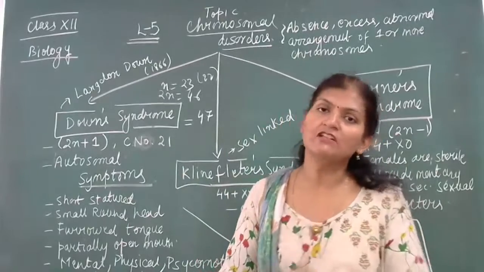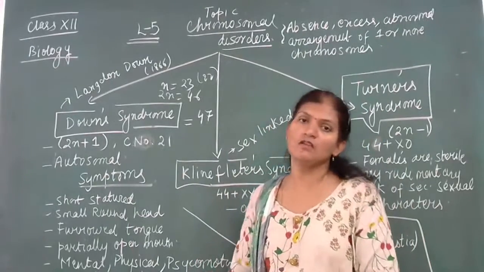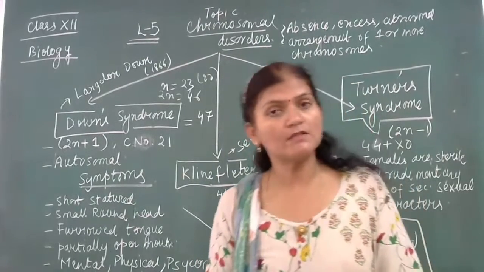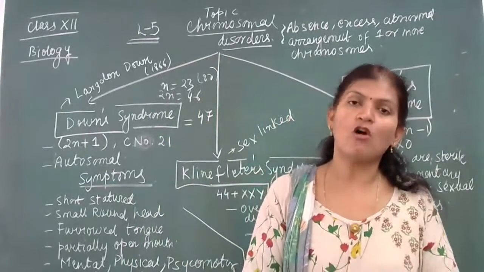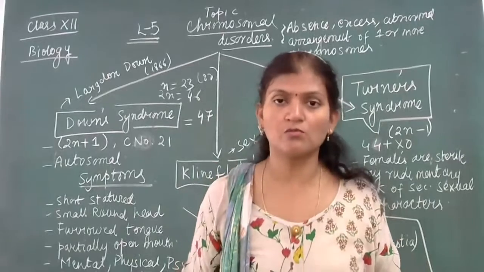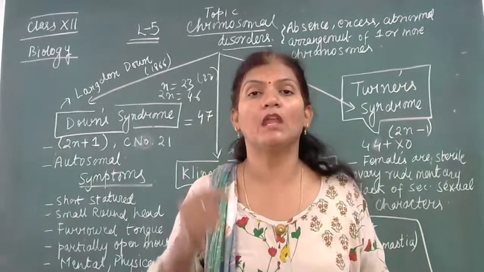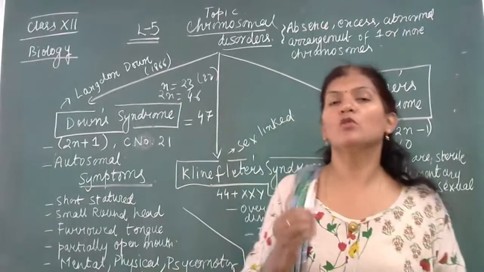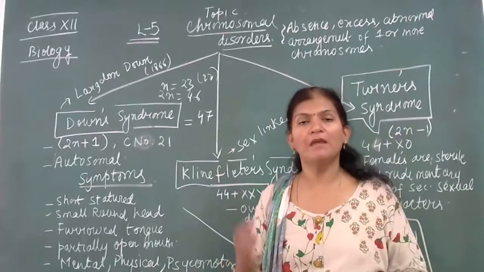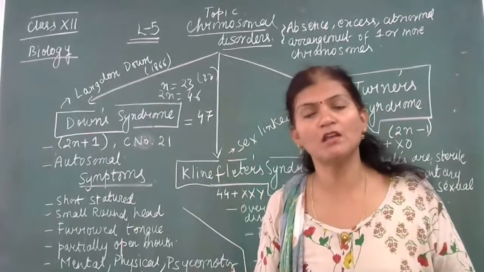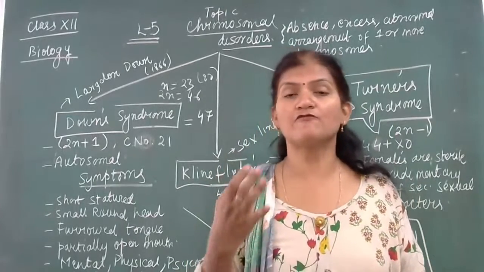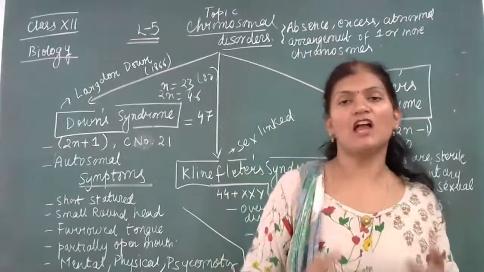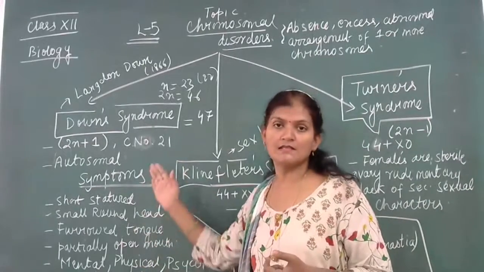So what we have learned in Down syndrome is that Down syndrome is a chromosomal disorder due to addition of an extra chromosome at chromosome number 21. Therefore, the chromosome number of such a child becomes 46 plus 1, that is 47, and the child will show the following symptoms.